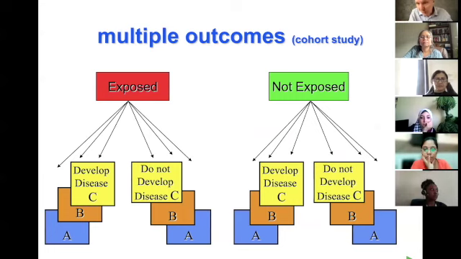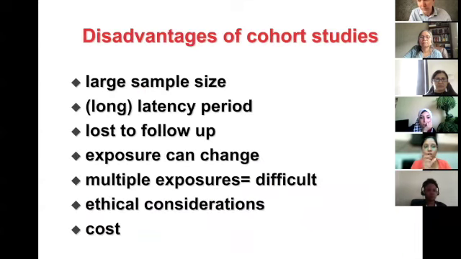But the disadvantage in a cohort study would be, Jennifer, what do you think? Can you measure lots of exposures? Maybe you're looking at an outcome and you're imagining that there are so many other risk factors that could lead to the same outcome.